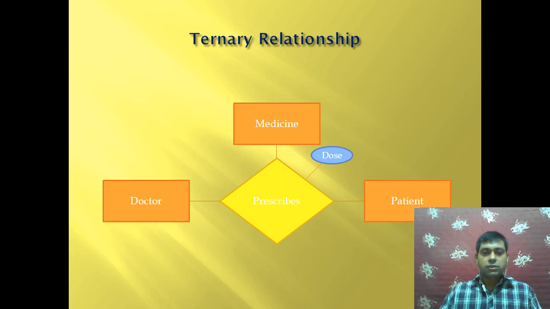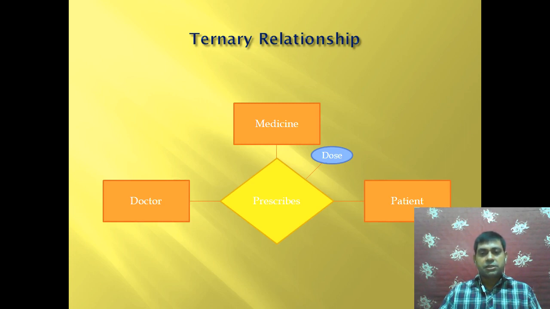So the prescribes relationship has this attribute dose, which must consider who the patient is, what disease he is having, what medicine is prescribed, and which doctor. Based on these three, the dose will be determined. So dose is the attribute of prescribes, not of patient, medicine, or doctor.